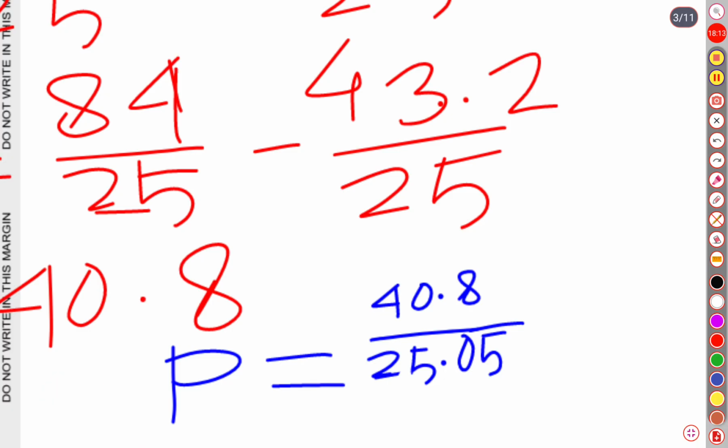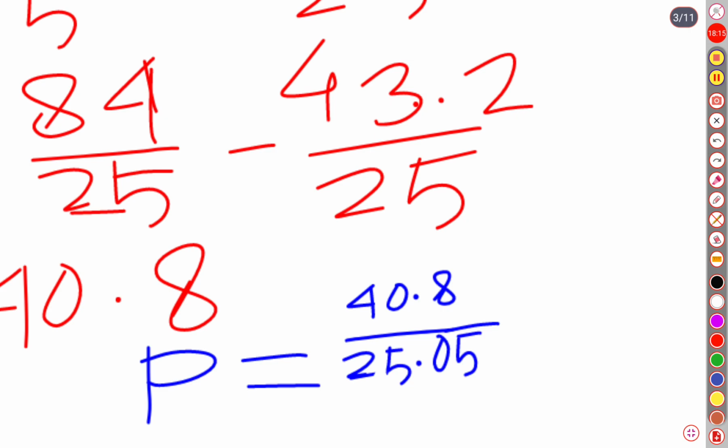Hence our p is going to be p equal to 40.8 over 25.05.